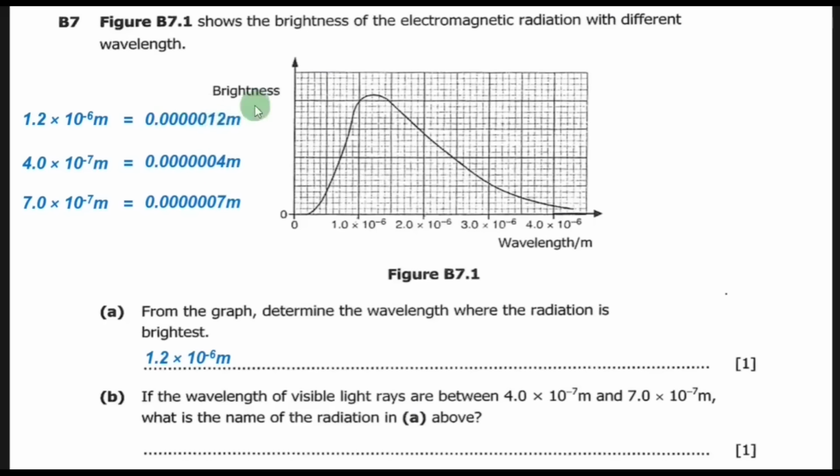So this one has 1, 2, 3, 4, 5, 6. So if you compare this wavelength, this one is longer than this.